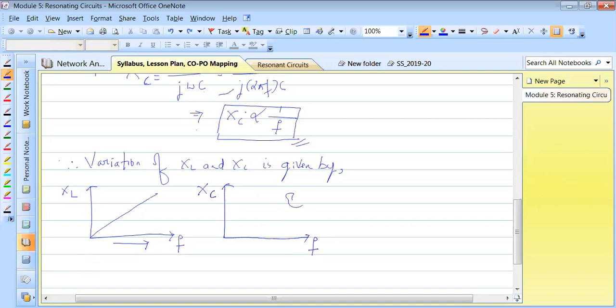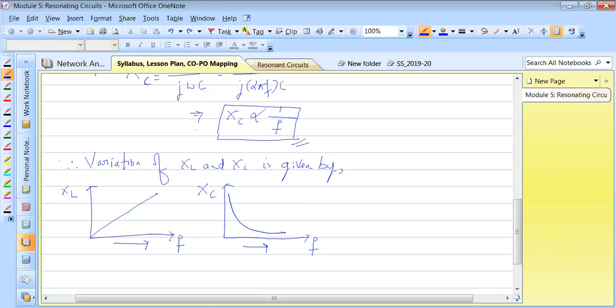XC is inversely proportional to f. That's why it has to decrease with an increase in frequency. But see how it decreases? It decreases exponentially.